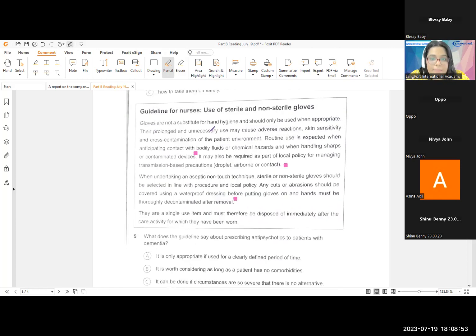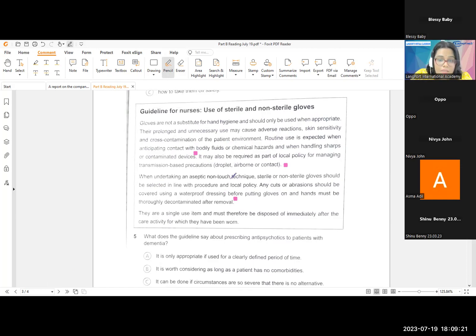So this whole thing is about gloves, how it's not a substitute for hand hygiene and only used when it's appropriate. If you use it for long and unwantedly, it can lead to adverse reaction. If you are expecting to deal with bodily fluids or chemical hazards or handling sharps or contaminated devices, you are supposed to use it routinely. And sometimes, in order to prevent droplet or airborne or contact-based transmission, you may, as part of a local policy, need to be using gloves.